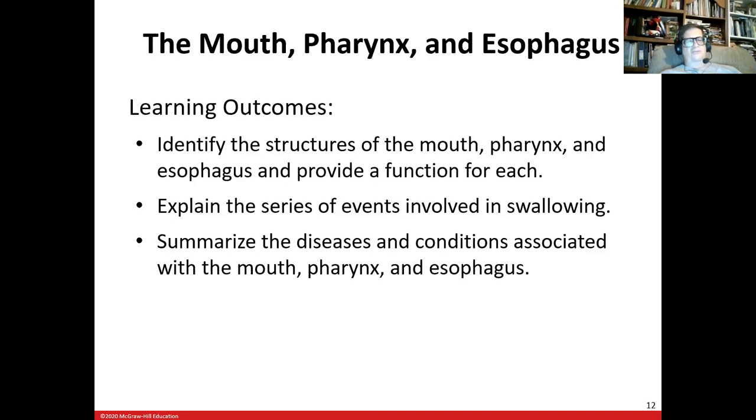Anyway, but we'll go through that. And we'll talk about some diseases and conditions with the mouth, the pharynx, the esophagus. They'll probably talk here about refluxing and heartburn and how the acid can actually degrade the lining of the esophagus, because stomach's hardened against acid, other parts not so much.